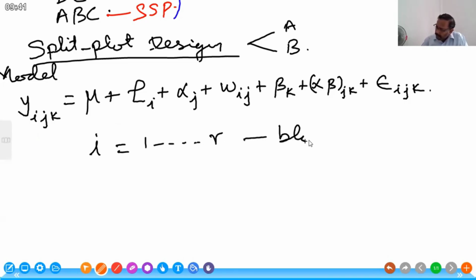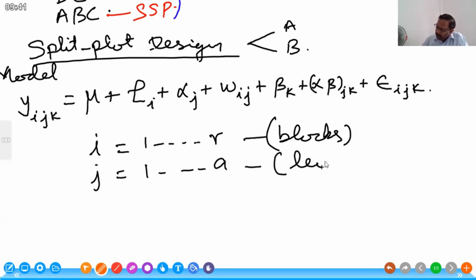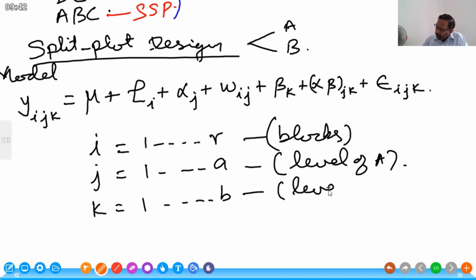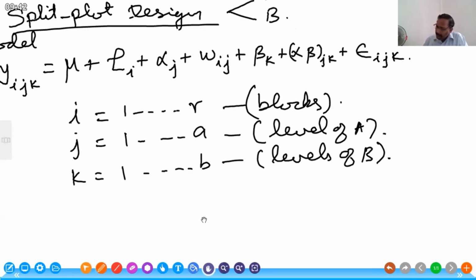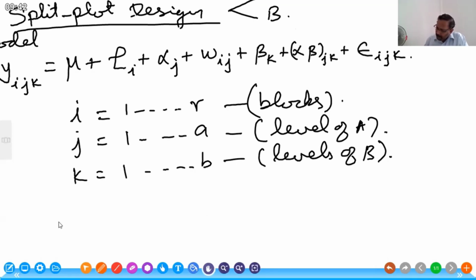It is the number of blocks. j is starting from 1 up to a. It is the levels of A. k is 1 up to b, the levels of B. Right? Now you can define what is y_ijk.